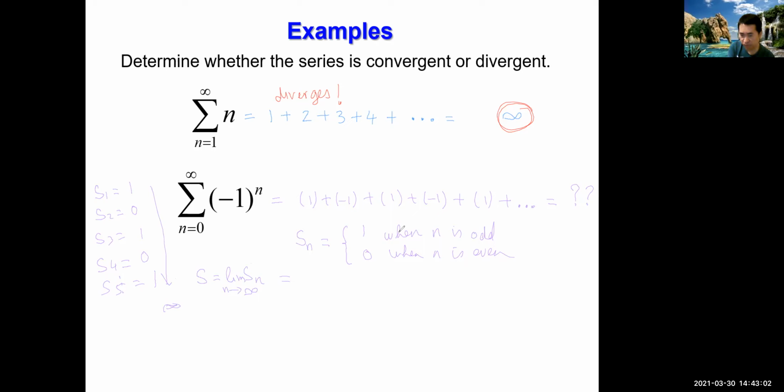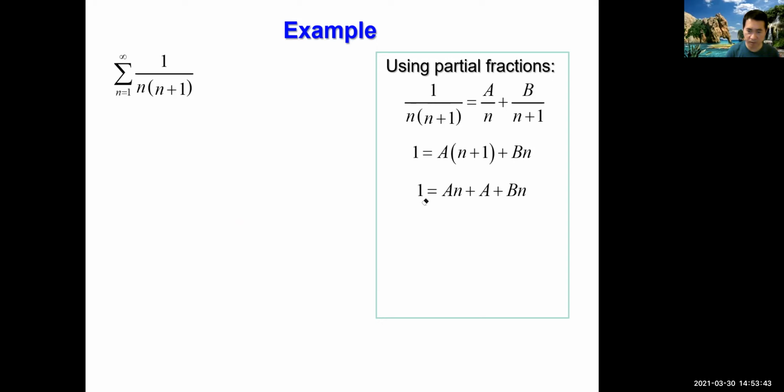Then you can equate the coefficients. An plus Bn is on the right, and there are no n's on the left, so An plus Bn is 0. The constant on the left is 1, so A has to be 1.